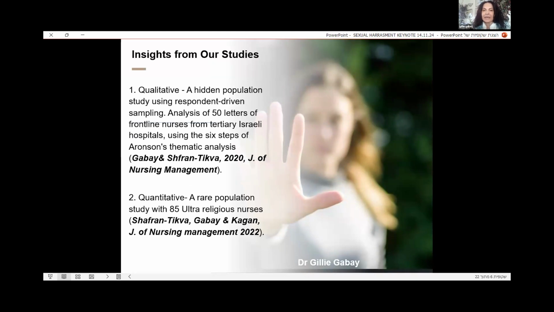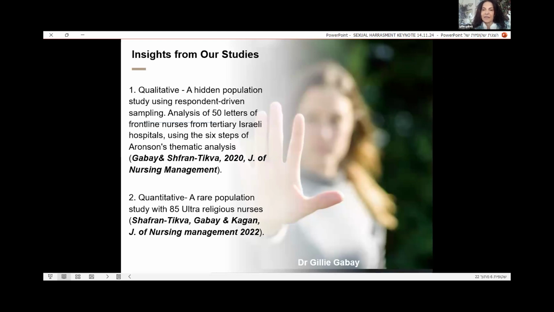What we did, and it was during the Me Too movement, we asked in the social network of the health systems for letters from nurses who were exposed to such harassment. And we were just astonished because it was a Pandora's box.